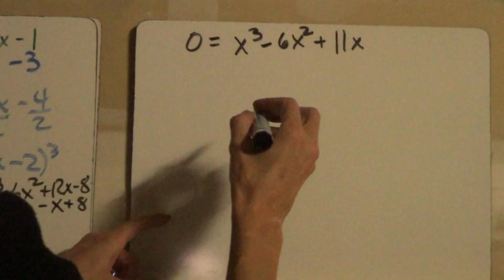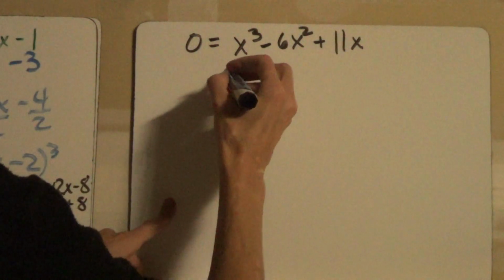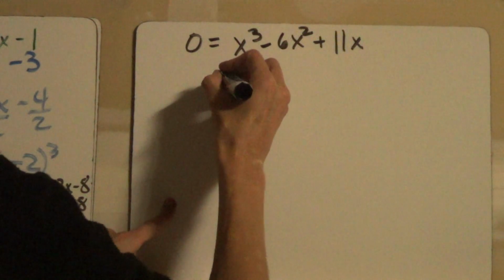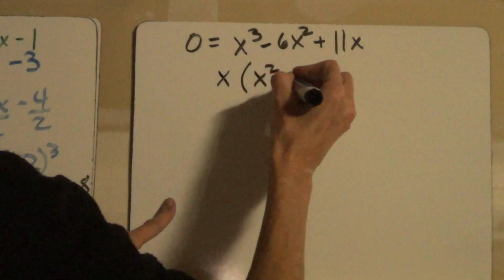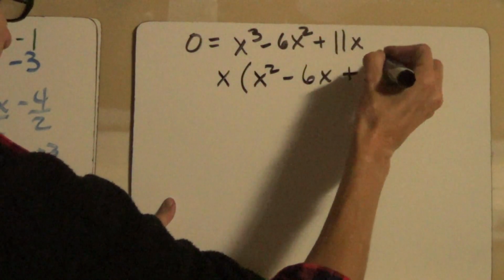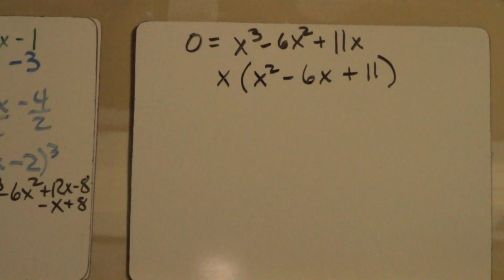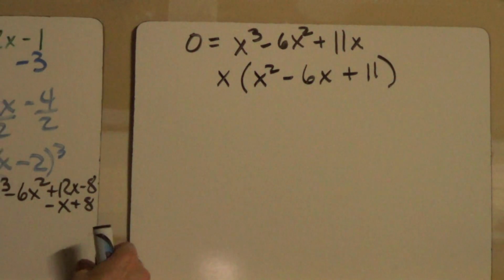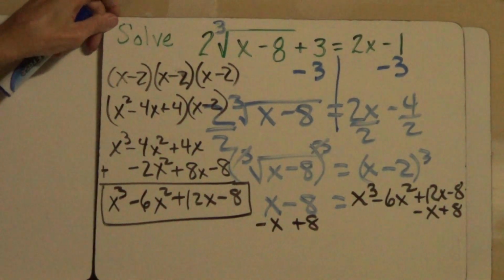Okay, so now the first thing that I would do is factor out an x because they all have x's. So now I have x squared minus 6x plus 11, and I have something funky here because we should be able to factor that down. So let me go back and check real quickly. I'm sorry to waste your time here. Help me spot it.